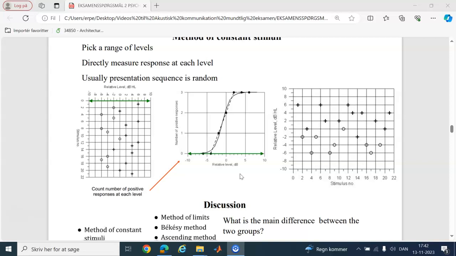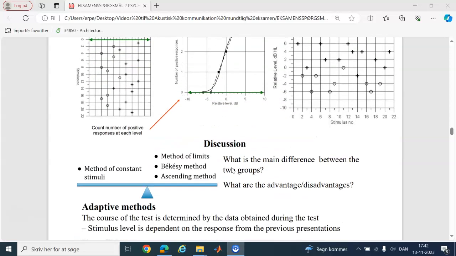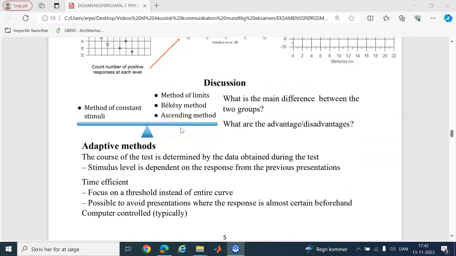It takes time, but you can draw a psychometric function from the stimulus by counting the number of positive responses at these levels.